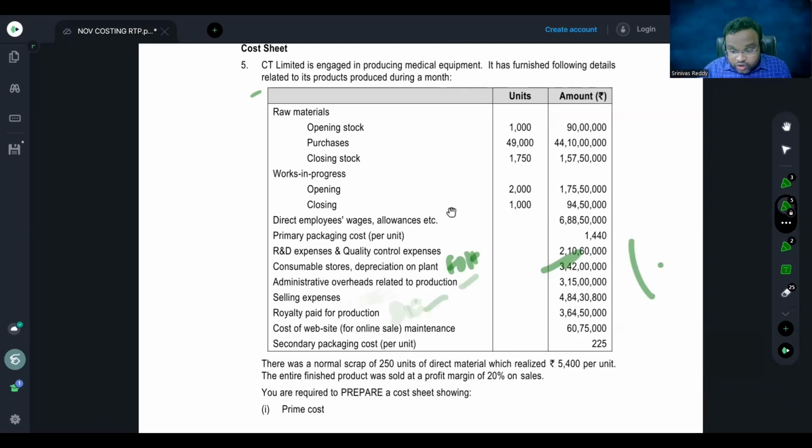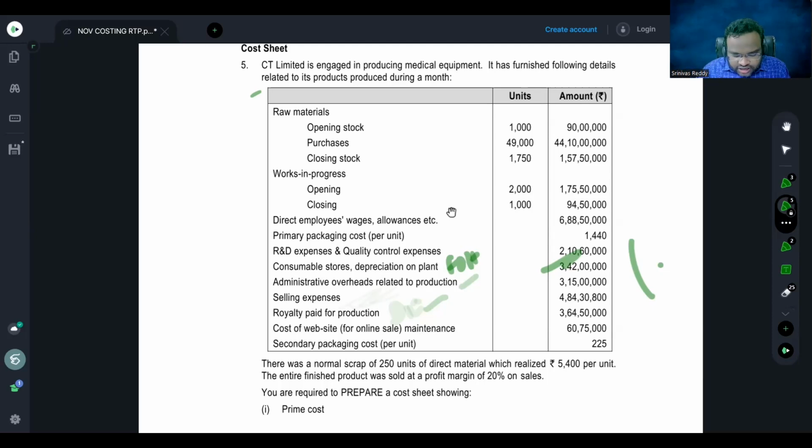So royalty paid for production is a direct expense. Please be very careful. Cost of website for maintenance, this is for sale. It's part of selling and distribution expenses. Secondary packaging cost forms part of what? It forms part of selling and distribution overheads.